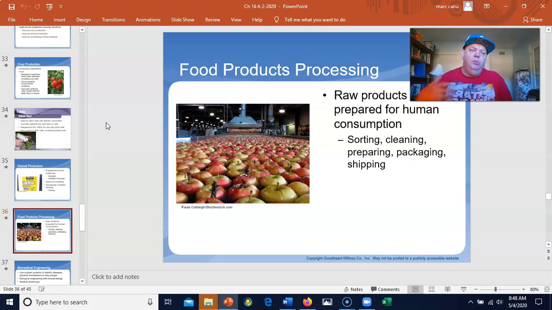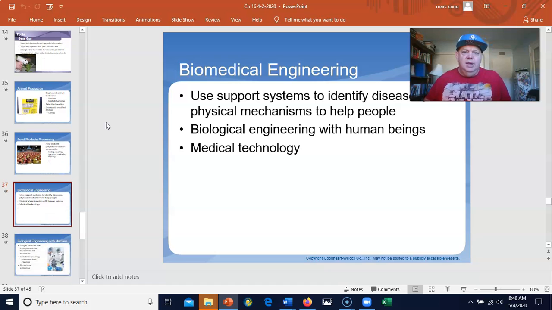So there's got to be ways that we can protect them while they're shipping. So this is all part of food products processing. Biomedical engineering, we can talk about using support systems to identify diseases and physical mechanisms to help people. Biological engineering with human beings and medical technology.